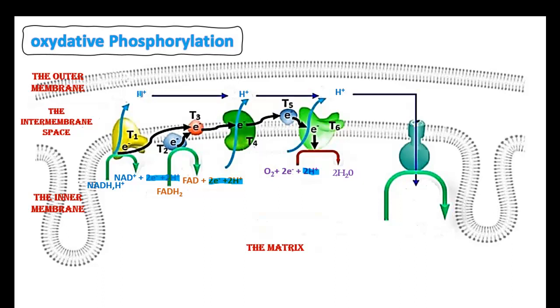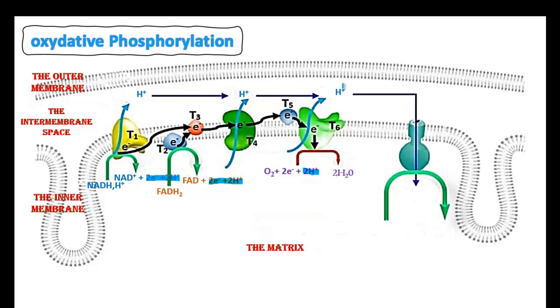Now, these protons that are in the intermembrane space are going to search to get back into the matrix, and the only way they can get back in is through this molecule over here, which is the ATP synthase. So this ATP synthase will allow the flow of protons through this channel back to the matrix, and when that happens, ATP synthase is active and powers the production of ATP.